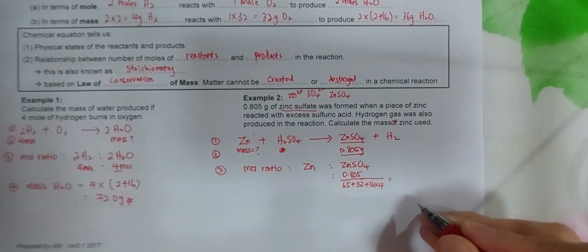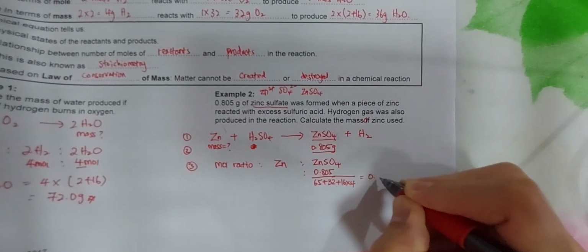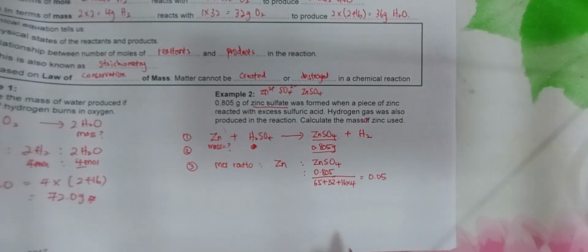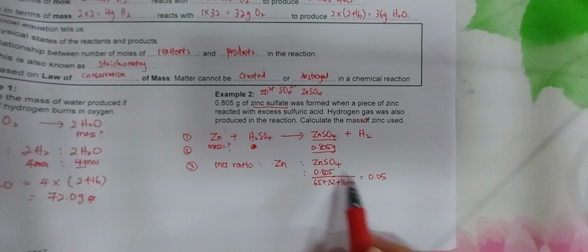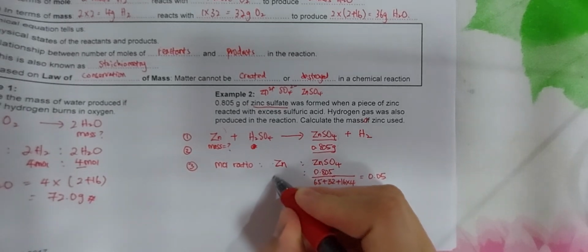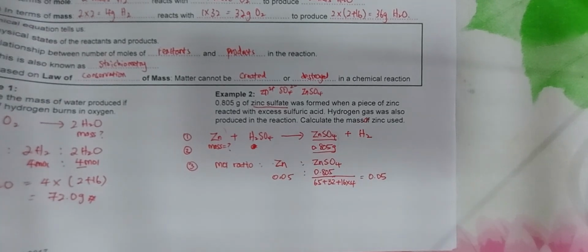If you use your calculator to punch in the numbers, you should find that the number of mole is 0.005. Okay, so the mole ratio is 1 mole to 1 mole. So zinc sulfate now is 0.005, so your zinc should be 0.005 as well.